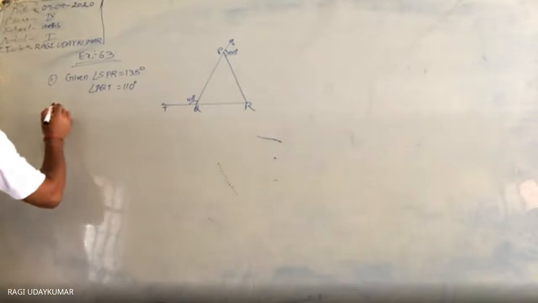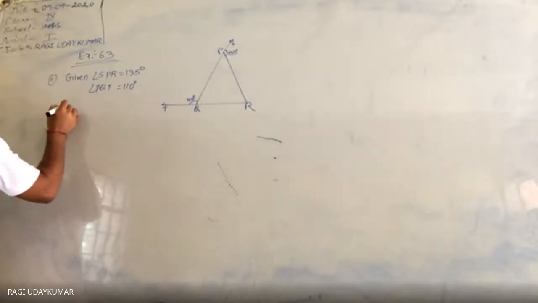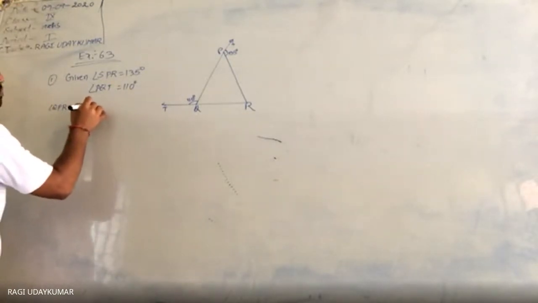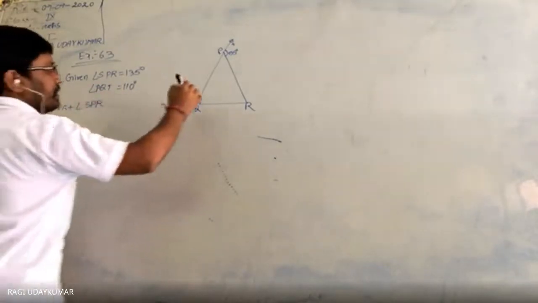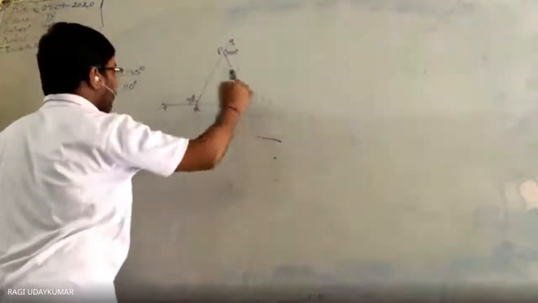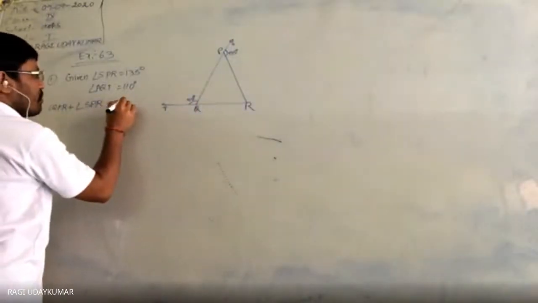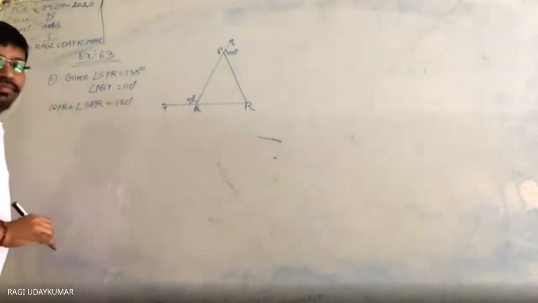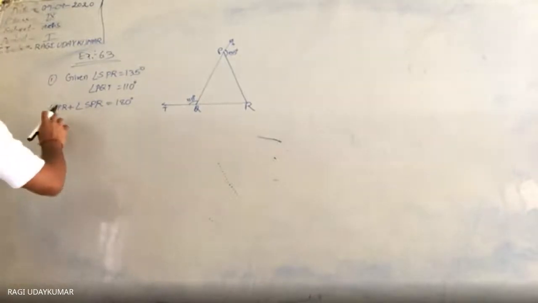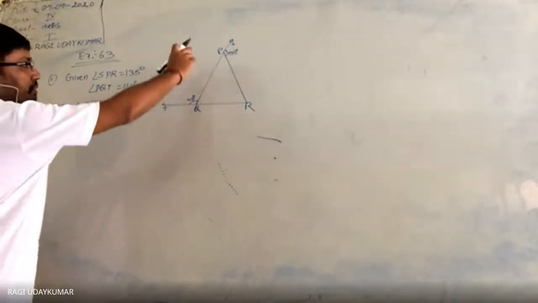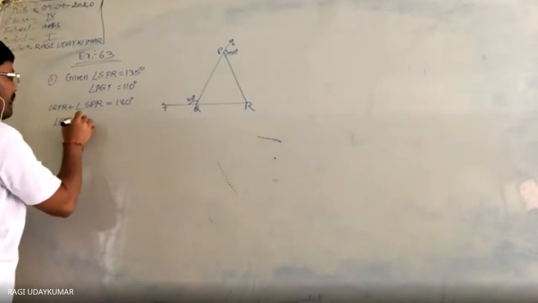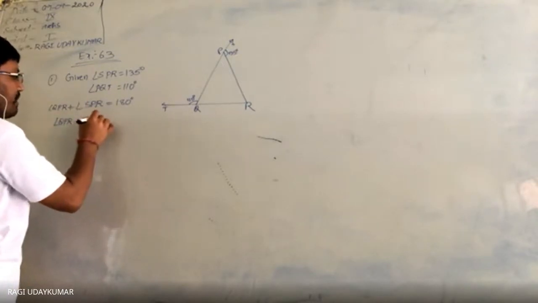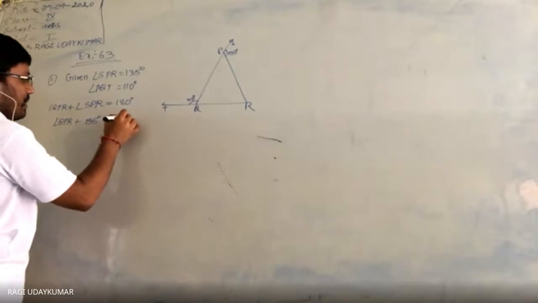So we can say that angle QPR plus angle SPR is equal to 180 degrees. Now we need to find QPR. So angle QPR plus angle SPR, which is 135 degrees, is equal to 180 degrees.